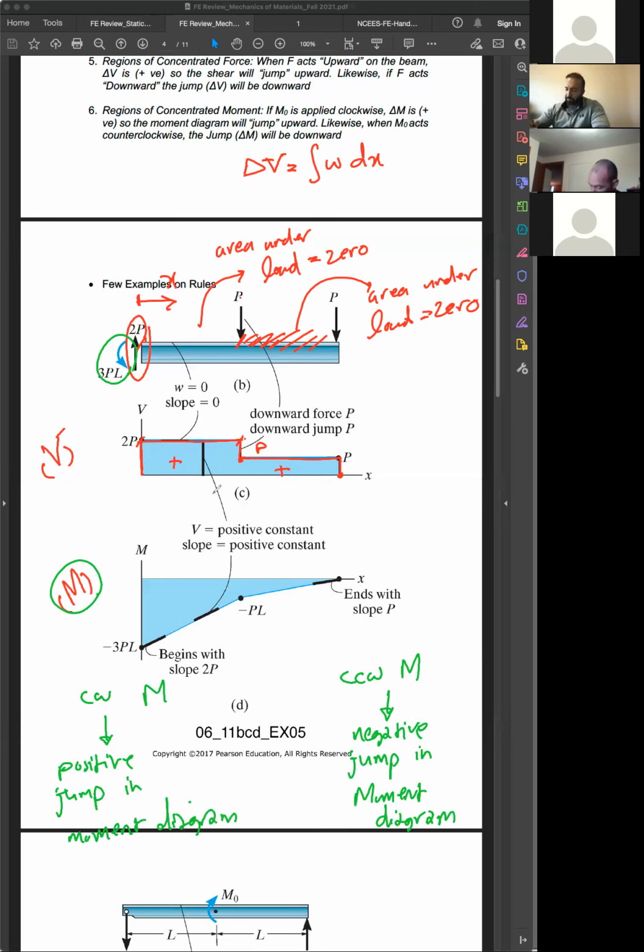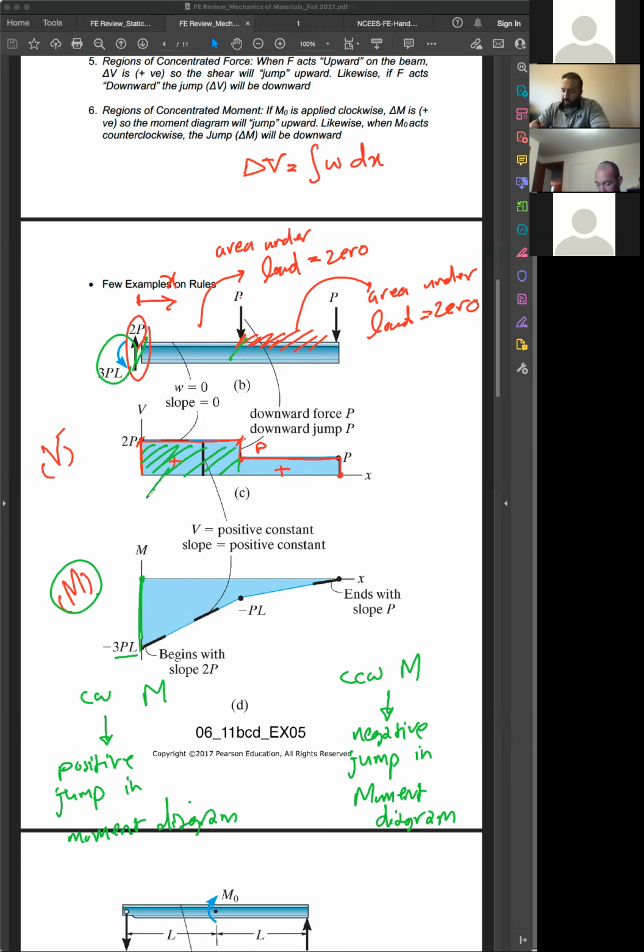All right, so look at this. I have counterclockwise moment, so there is a negative jump. From 0, I jump negative to 3PL, which is the value of that moment. So I'm at this point. The change of moment between this point and this point is the area under the shear diagram, which is very important.